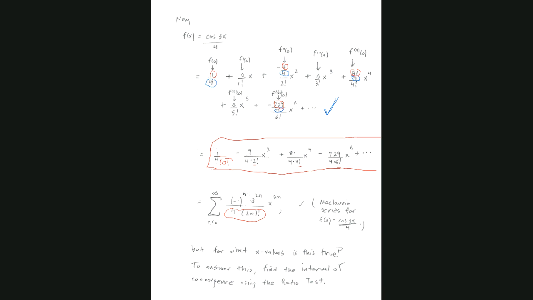So you have to find enough terms in the Maclaurin series so you can understand the pattern. Are there any questions so far?